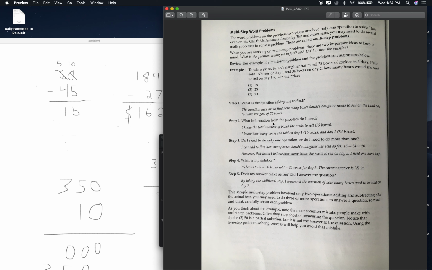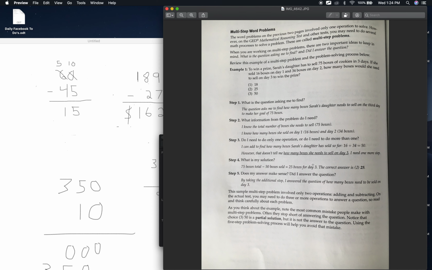What information from the problem do I need? I know the total number of boxes she needs to sell, 75. Yes, we know that. I know how many boxes she sold on day 1, that was 16, and on day 2, 34. Do I need to do only one operation, or do I need to do more than one? So if 34 plus 16 equals 75, that would be the only operation you need to do.